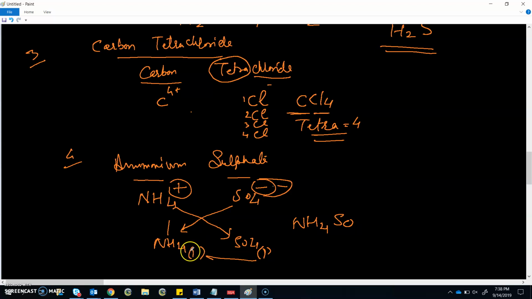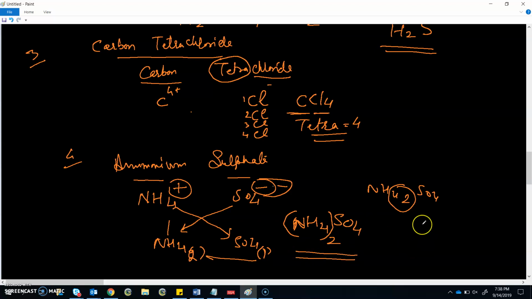So this will be (NH4)2 and SO4, because if we write NH4 2 SO4 there will be confusion, so it should be written in the bracket form.